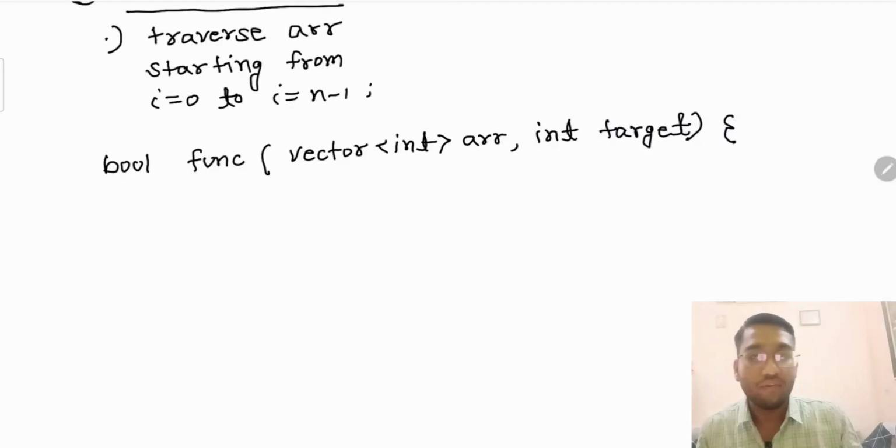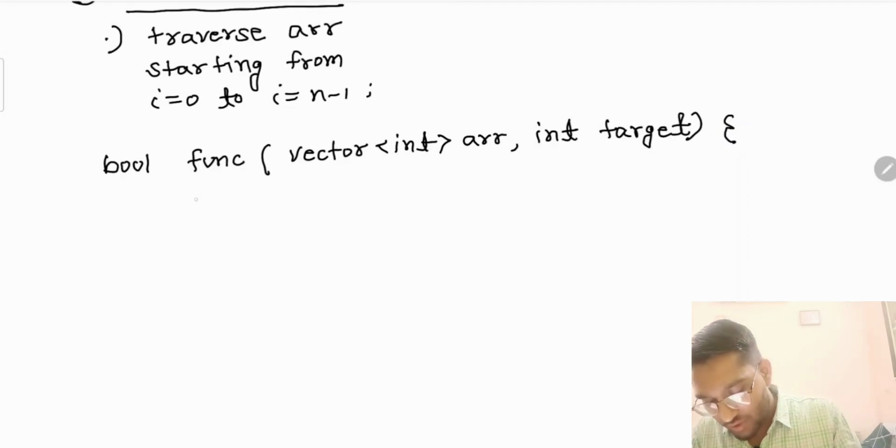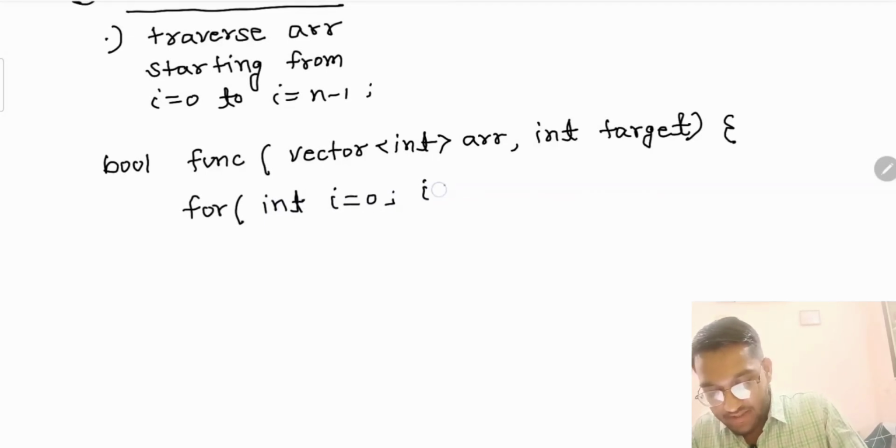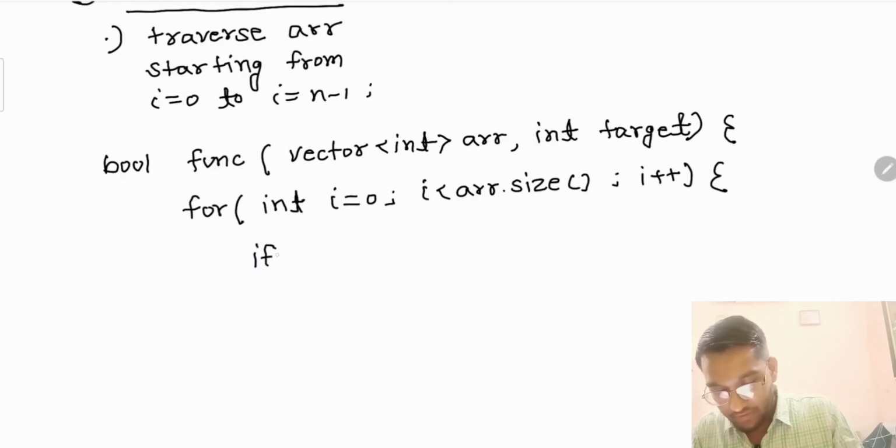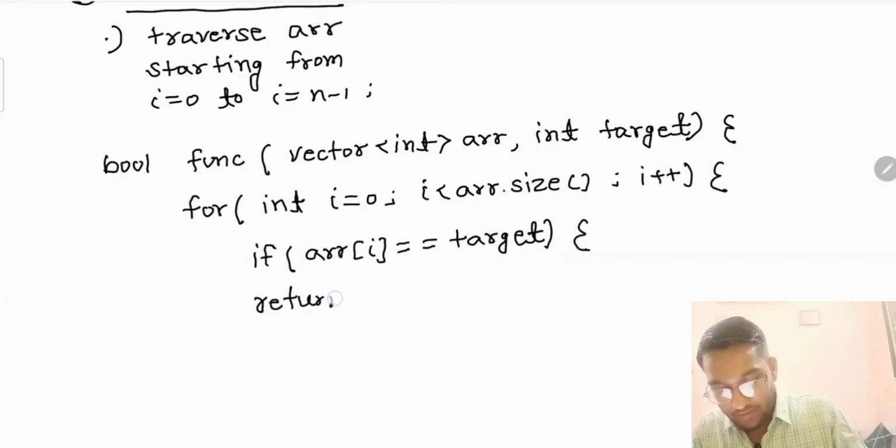In this function, we are going to traverse the array: for integer i equal to 0, i less than array dot size, i plus plus. If array of i is equal to target, then we return true.